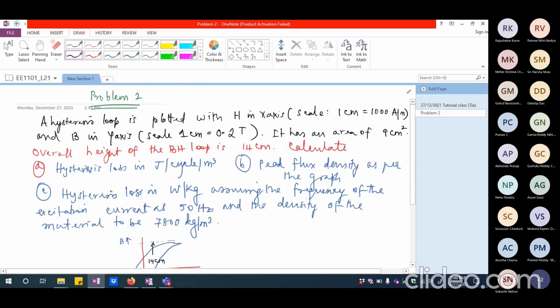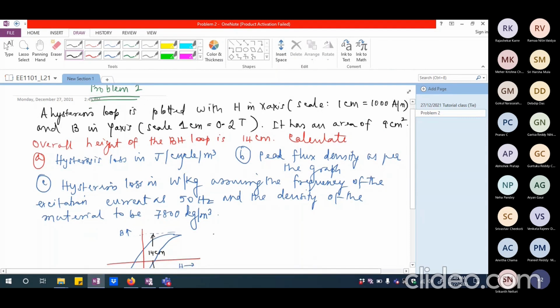So what is the hysteresis loss in joules per cycle per meter cube? That is what is being asked. Joules per cycle per meter cube is directly given by the area under the curve, which is 9 centimeters square.